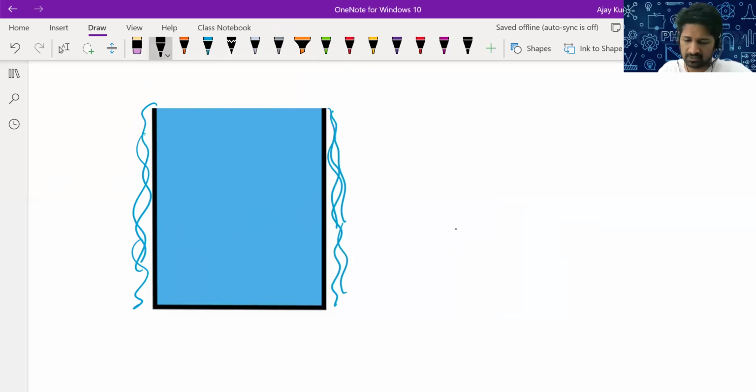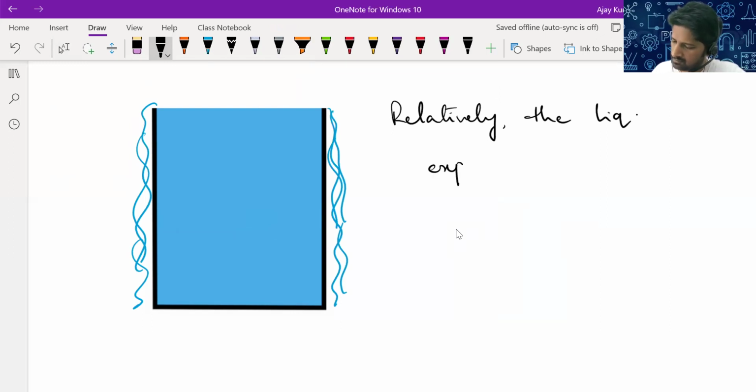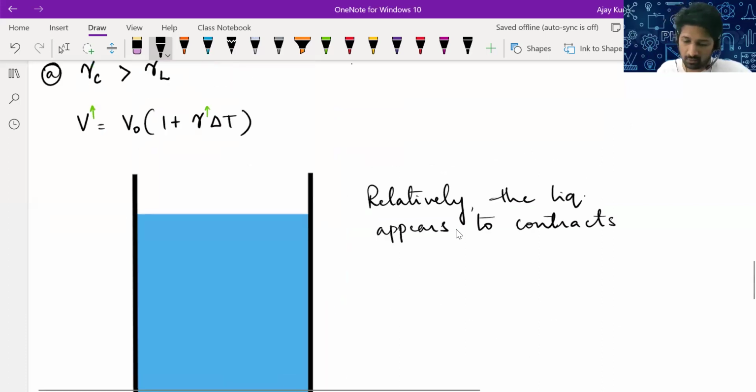Right? That is what will happen. So relatively or apparently, the liquid expands. Okay. You can even tell how much liquid overflows or what is the volume of the free space that is created here.